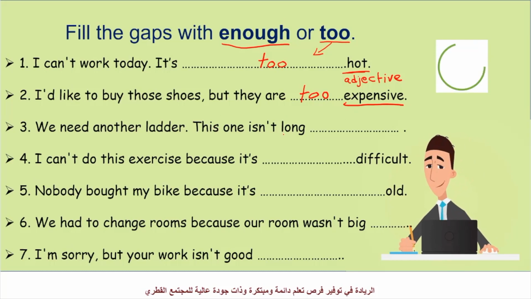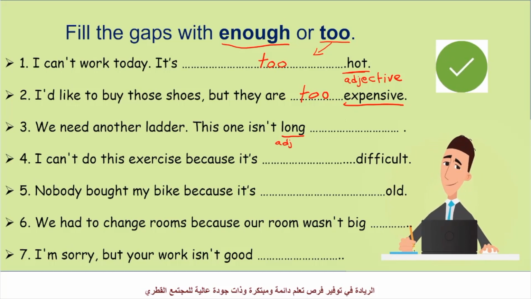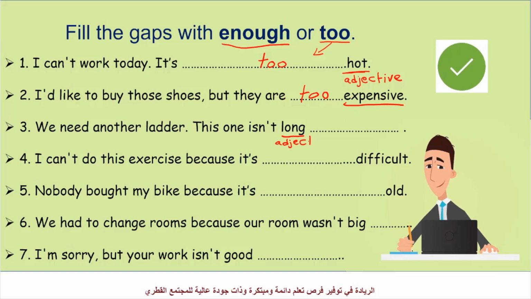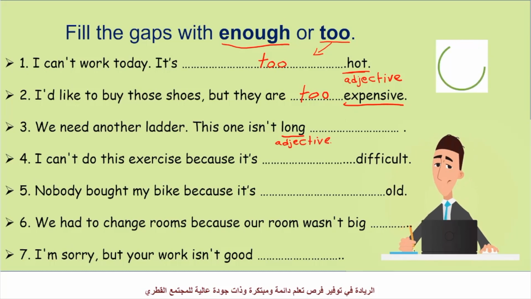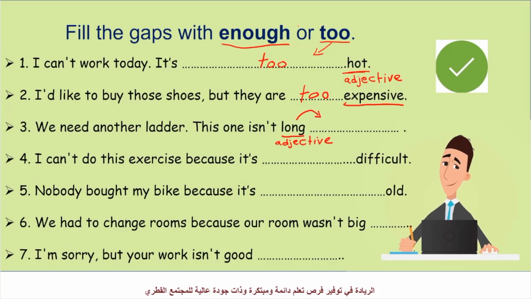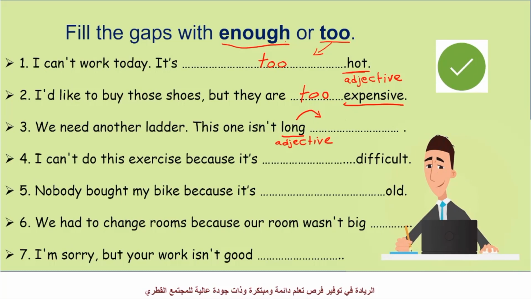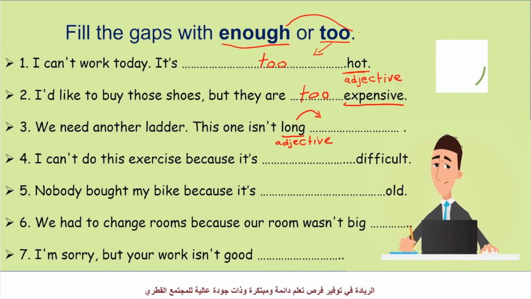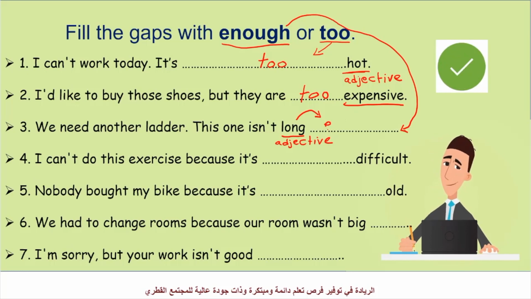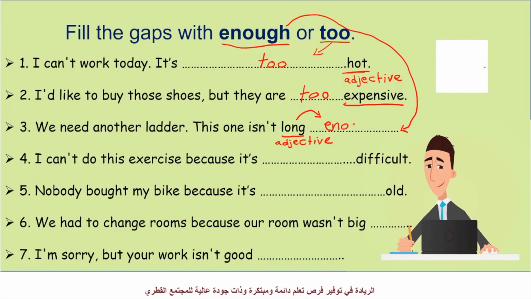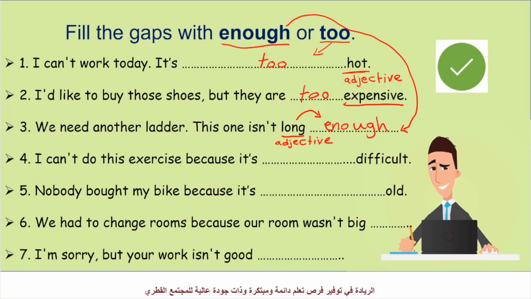So here long is an adjective, and we want to add enough or too. Enough comes after the adjective, so we will write enough. So the sentence will be, we need another letter, this one isn't long enough.